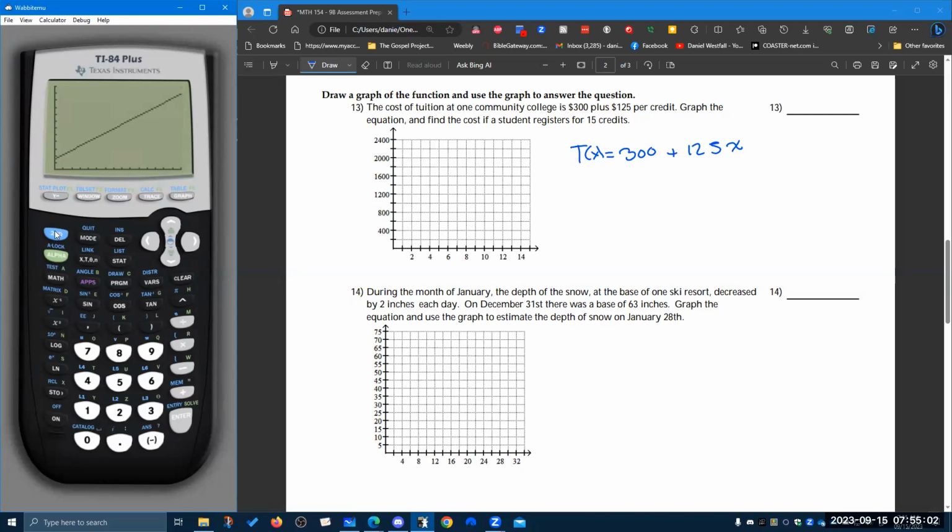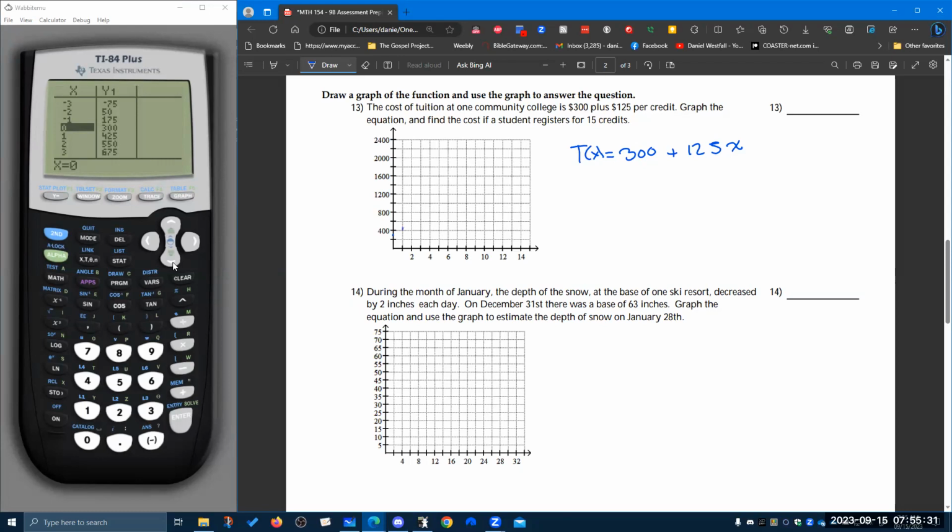Let's go ahead and look at my table here. And let's set this back to auto. We're not interested in negative data points. So we have 0, 300, which is halfway between 200 and 400. Then we have 1, 425.